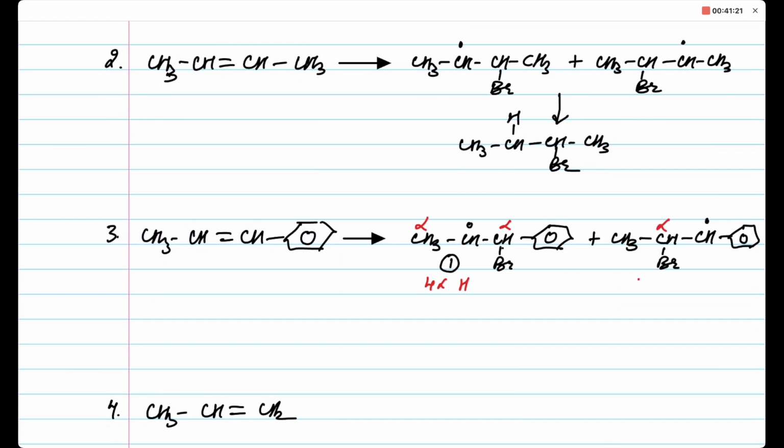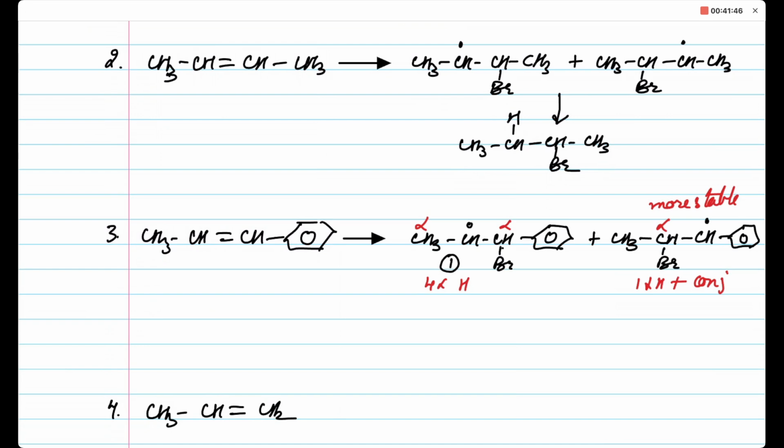There is only one alpha hydrogen hyperconjugating. But here we have the condition of conjugation being satisfied. That is, we have a radical, single bond, and a pi bond. So this is conjugated. Conjugation dominates over hyperconjugation and we find that this particular radical is more stable.